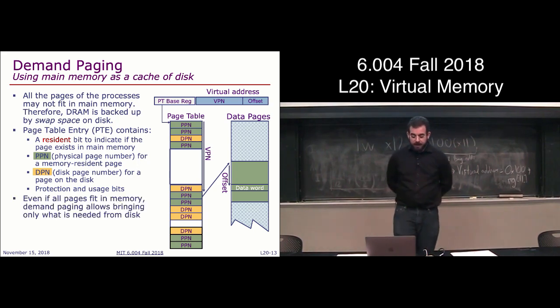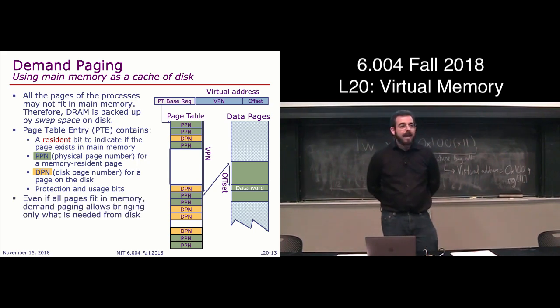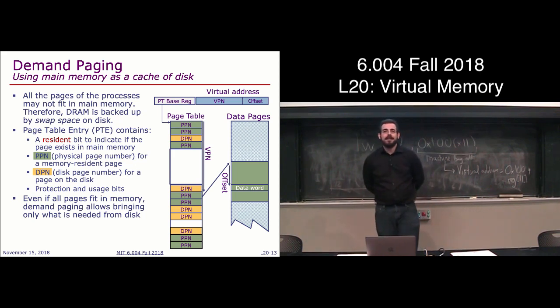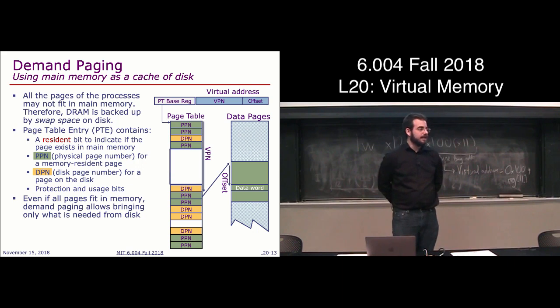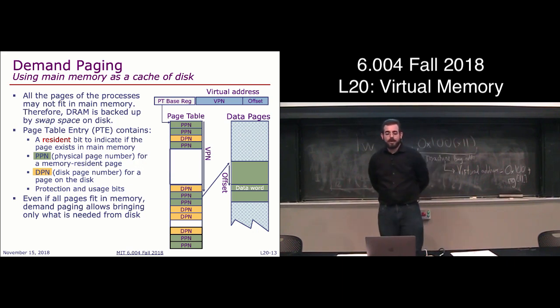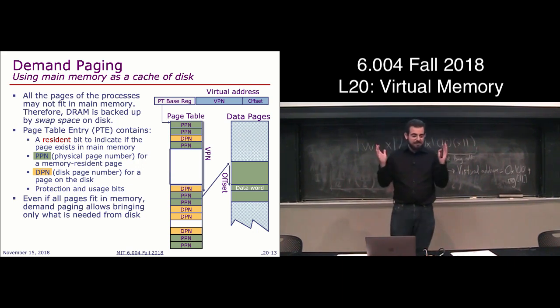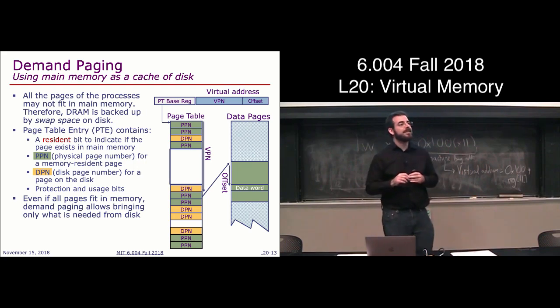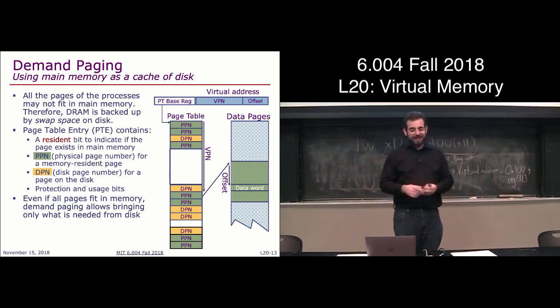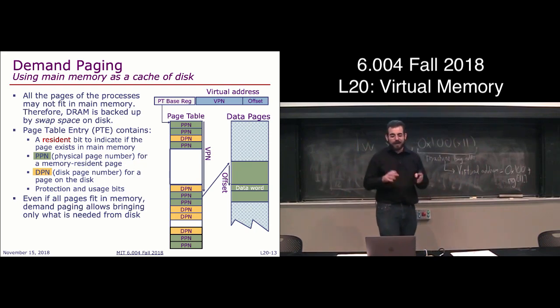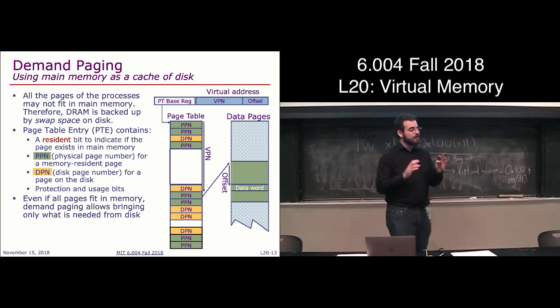So one nice thing about this is that even if everything fits in memory, demand paging allows us to be lazy. Suppose that you have a program that is 100 megabytes of code. But when you run it, it doesn't do much. It's just looking at the input and saying, I cannot process this, perhaps throwing an error.